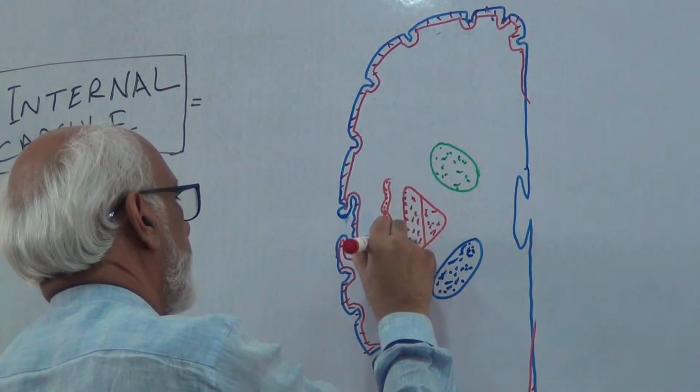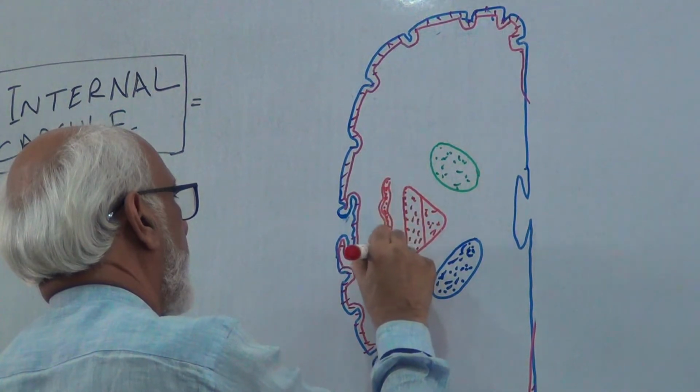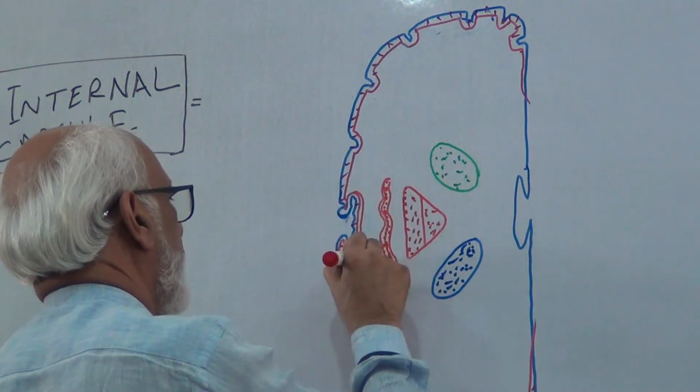Claustrum, and this is gray matter of the insula.